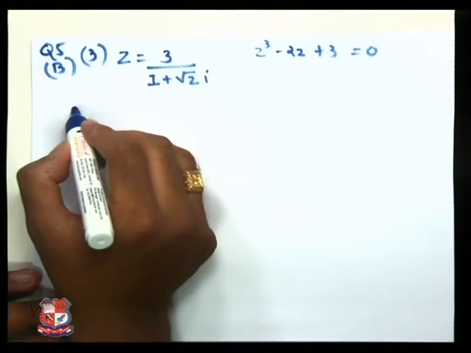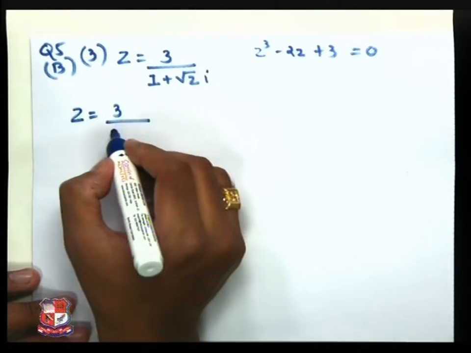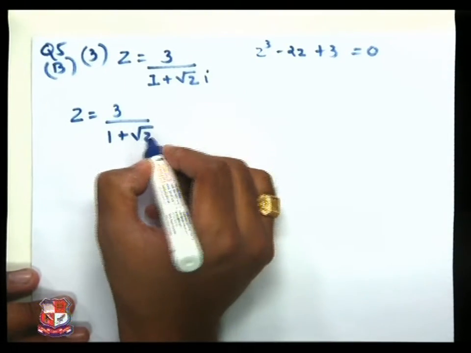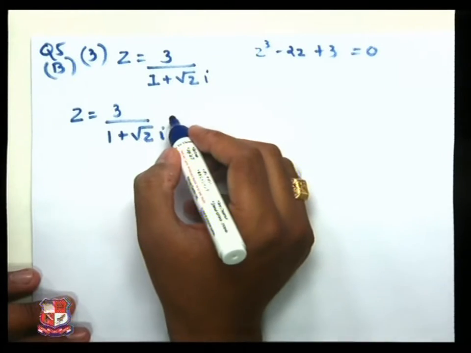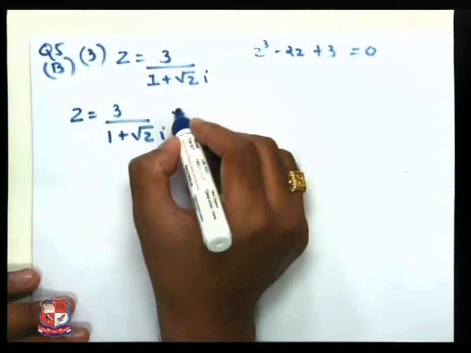So we take the conjugate. For 3 divided by 1 plus under root 2i, we divide and multiply by 1 minus under root 2i in the numerator and denominator.